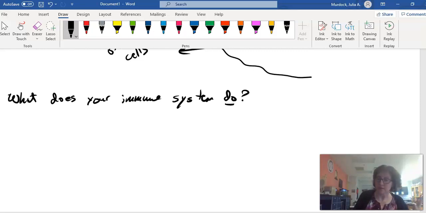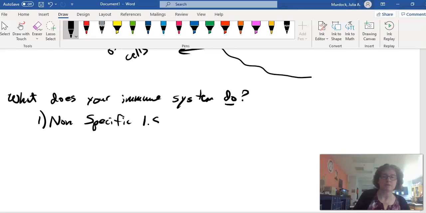First of all, your non-specific immune system is going to do a couple of things. It detects that an invader is there, and this causes inflammation, fever, all kinds of things. The flu symptoms that you experience are because of your nonspecific barriers going crazy.